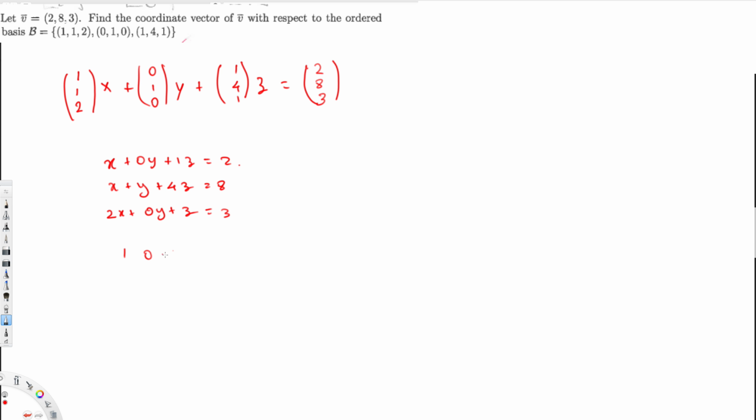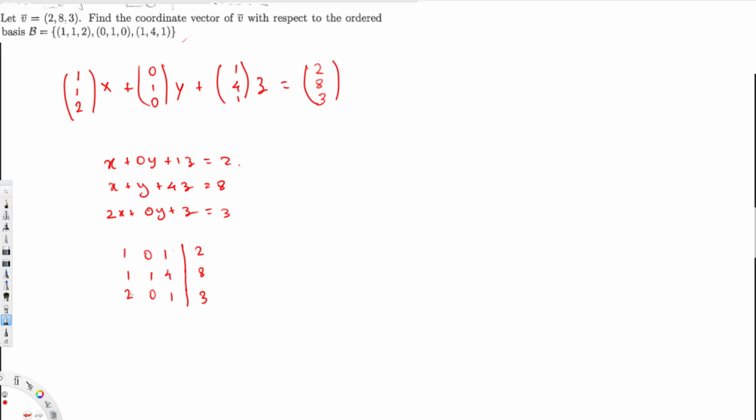It's going to be 1 0 1 2 right here, 1 1 4 8 right here, and 2 0 1 3 on the other side. Then I have to do Gauss-Jordan. When I do the Gauss-Jordan, the value we get on the right side is going to give the final answer. So let's see how we can do this.